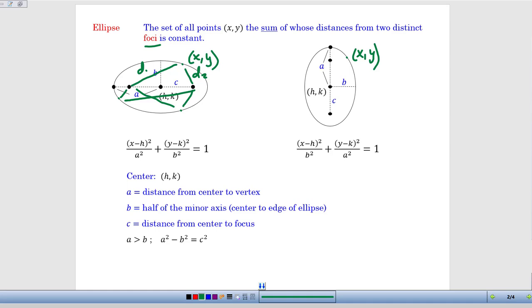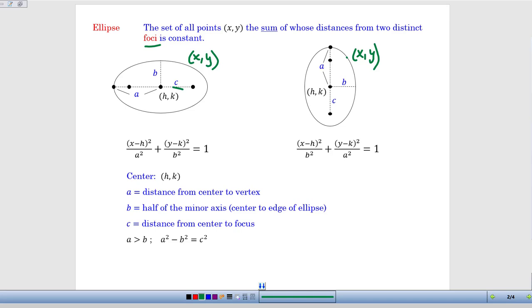So I'm going to clean up the diagram here a little bit so that we're not overwhelmed by a whole bunch of information here. But that's the idea behind the rule of an ellipse. That's what that statement up at the top is saying, is that if I take any point that's on the ellipse and I draw straight lines from these 2 focus points that are this distance c away from the center, then the sum of those distances is always going to be the same number.